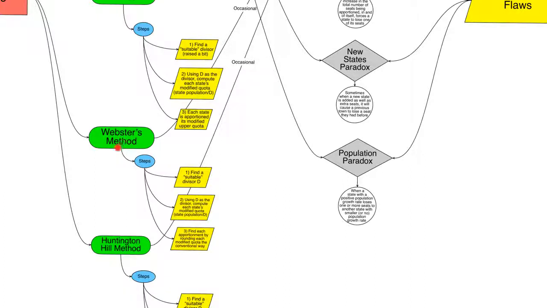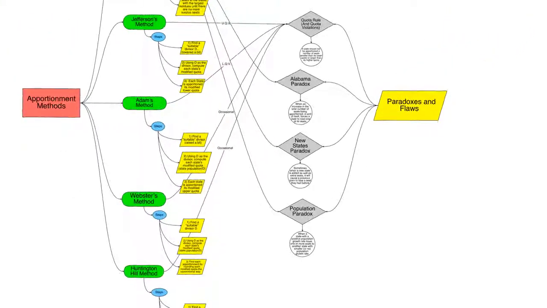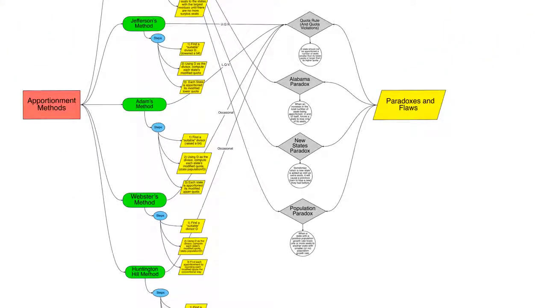So quickly, with Webster's method, we want to look at what flaws are in Webster's method. As you could clearly see from the flowchart, you have the occasional problem of violating the quota rule, and that would be upper or lower in this case. Okay, so for my student who's watching at home, that is the stuff that I would definitely memorize for the contemporary mathematics test.